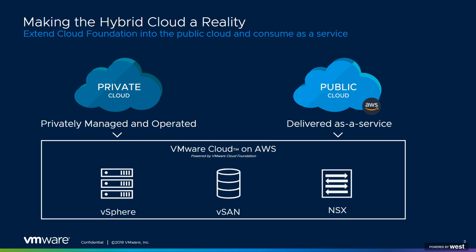So leveraging compute-based, storage-based, and network-based, policy-based management, we have the ability to operate and manage our vSphere infrastructure for customers, just as if they would do so in their private cloud. So delivering the platform via Cloud Foundation on premises today, as well as delivering SDDC as a service in VMware Cloud on AWS.